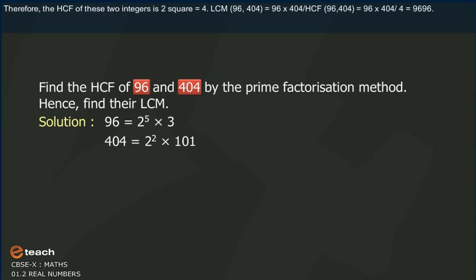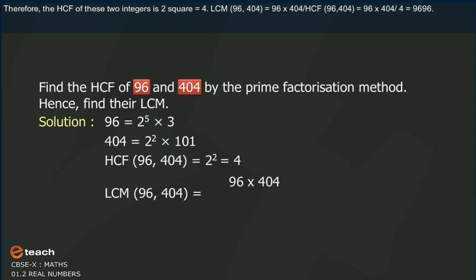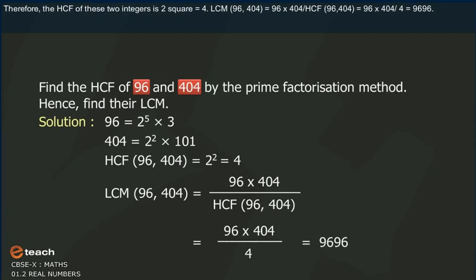Therefore, the HCF of these two integers is 2 square, which is equal to 4. LCM of 96 and 404 is equal to 96 into 404 upon HCF of 96 and 404, which is equal to 96 into 404 upon 4, which is equal to 9696.